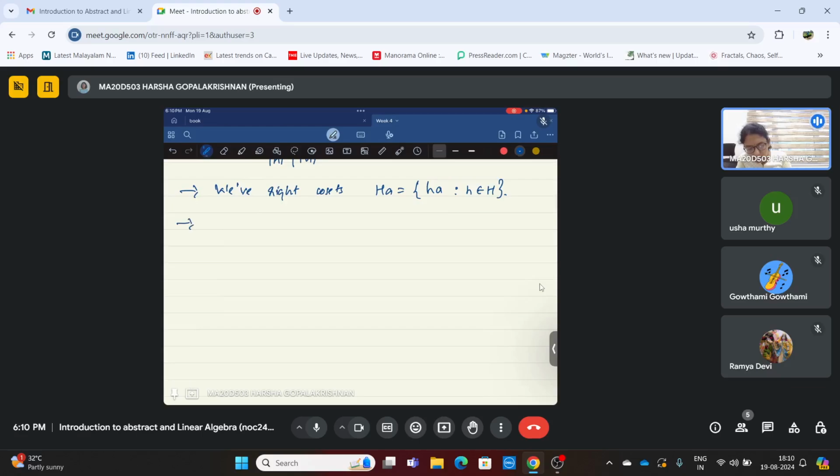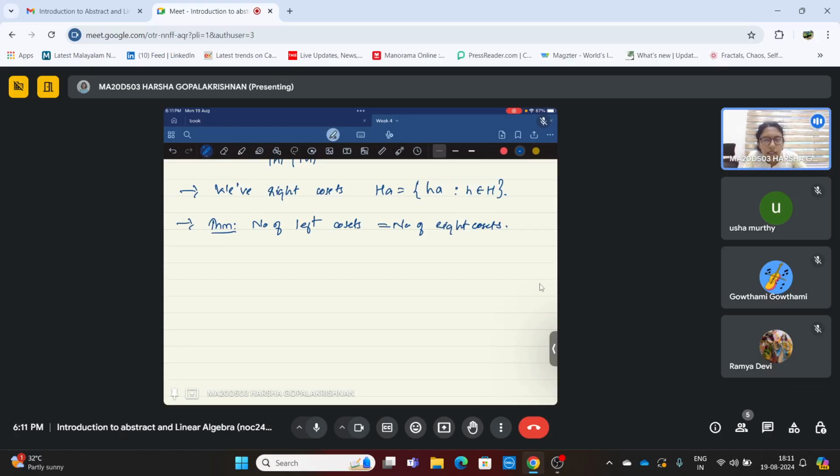Now the next thing is a theorem about the number of cosets.